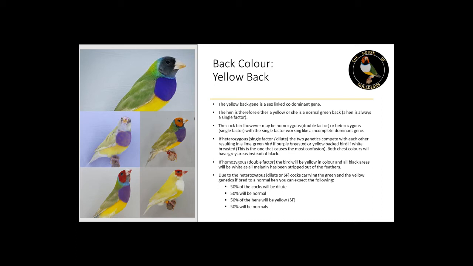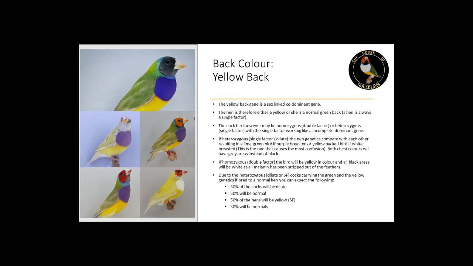Due to the fact that the cockbird can essentially carry both colours, the green and the yellow, you will get a scenario if you breed it back to a normal hen where that particular cockbird can produce yellow female offspring, whereas all the cock offspring will either be greenbacks or dilutes.